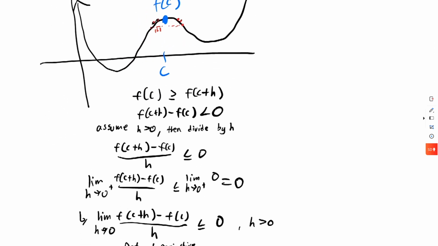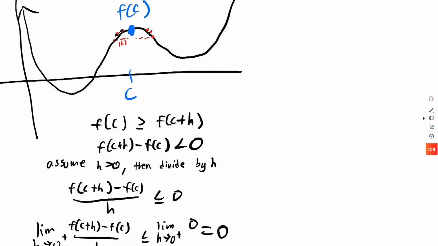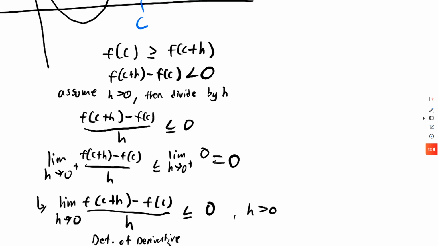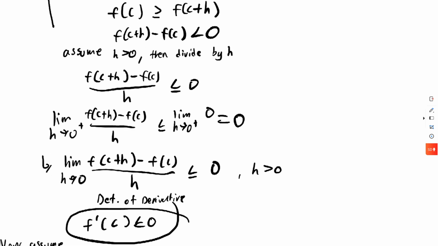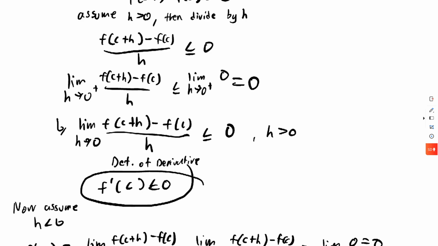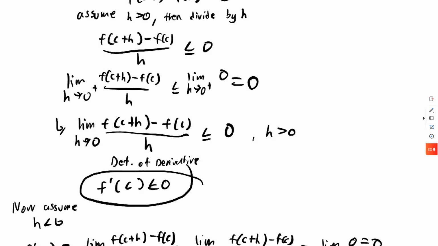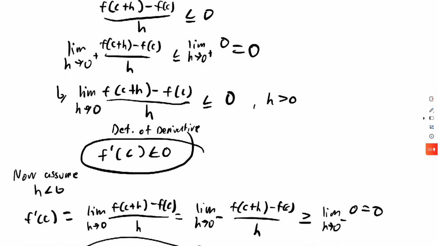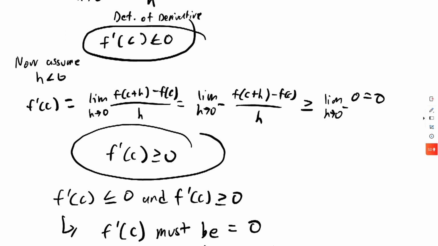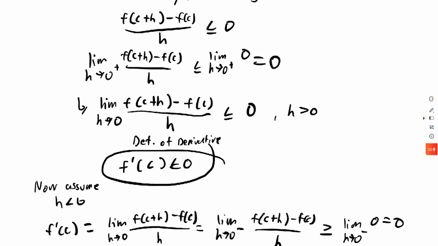We assumed that for small distances away from c, which we call h, when we take the limits, the definition of the derivative basically, we create an inequality less than or equal to 0 or greater than or equal to 0 for the cases where h is positive or negative. It turns out that both conditions are met, f prime of c is less than or equal to 0 and greater than or equal to 0, and so it must be equal to 0 for both conditions to be met.